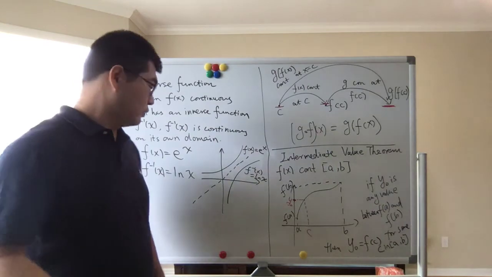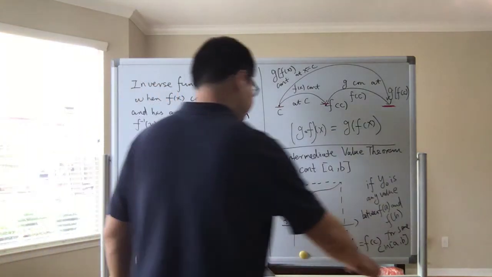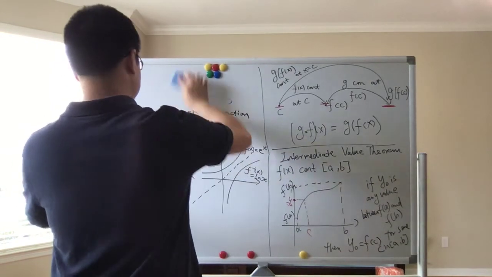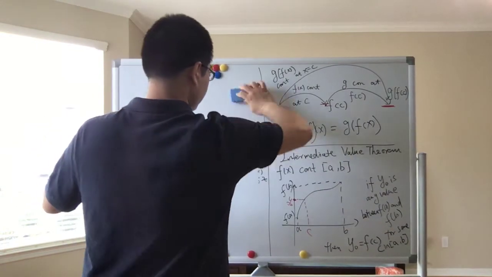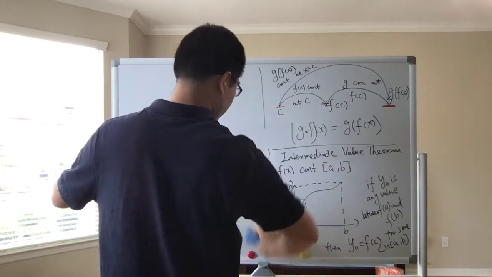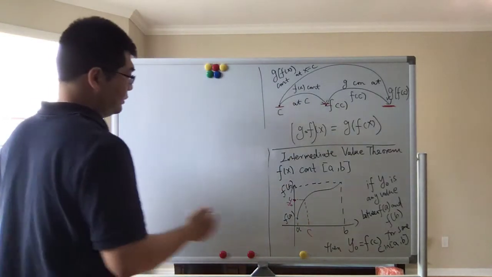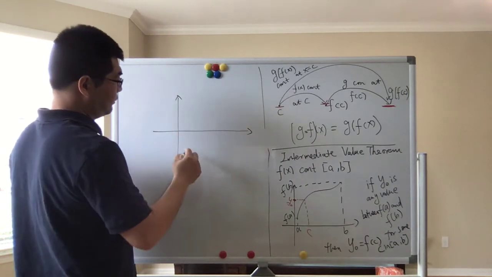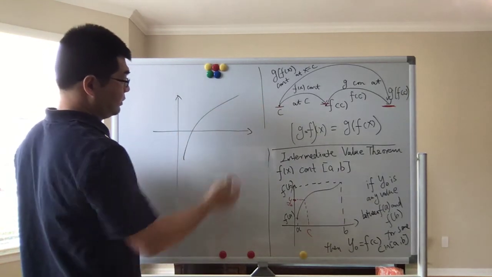And what this is used for, I can give you one example here, okay guys, because I think this part is important. Suppose we have a graph something like this, okay?